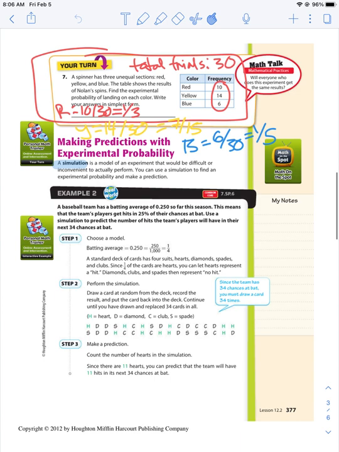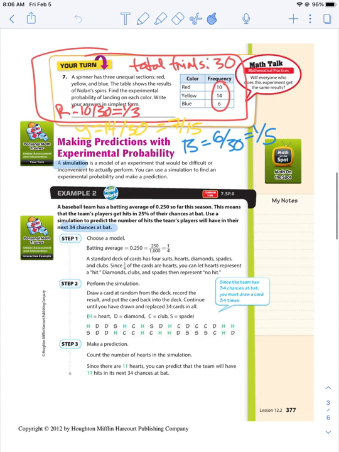So then you would perform the simulation. To do that, you draw a card at random, and you put it back, and then you draw again. You don't keep it out because then it's no longer 1/4. It depends on the card you chose. But you continue until you've drawn and placed 34 cards total, because they say 34 chances at bat. That's why you're performing it 34 times, because you're simulating 34 chances.